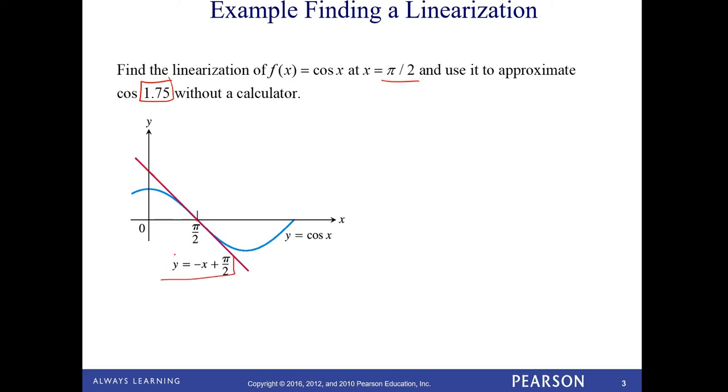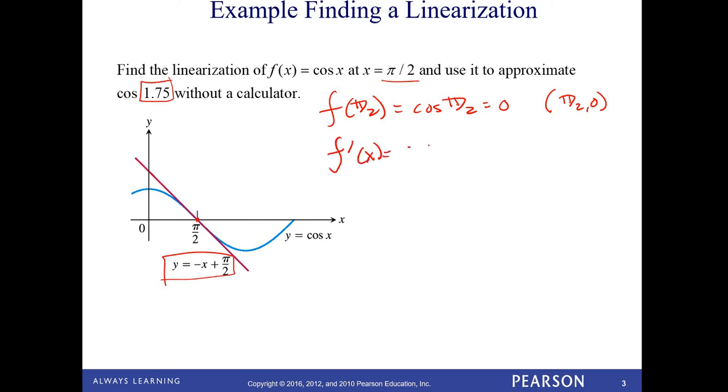Now they've already written down what it is here, but let me go ahead and show you how to find it. At pi over 2, we can find a function value by finding the cosine of pi over 2, which is 0. So my point of tangency is pi over 2 comma 0. To find the slope at pi over 2, I need f prime of x, which would be negative sine x.